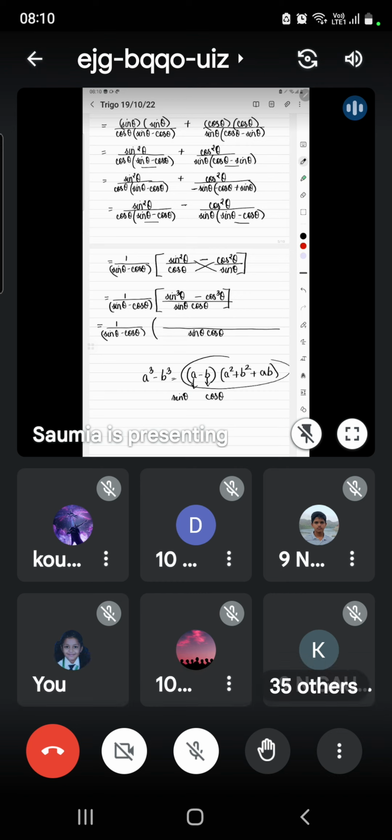So we are going to use this to write the numerator. A minus B means sine theta minus cos theta into sine square theta plus cos square theta plus what? AB. So sine theta into cos theta. Is that clear to everyone? This much?